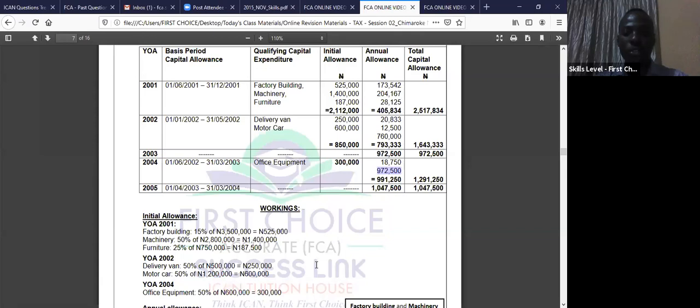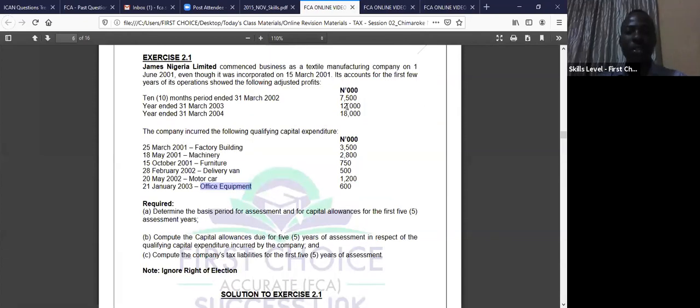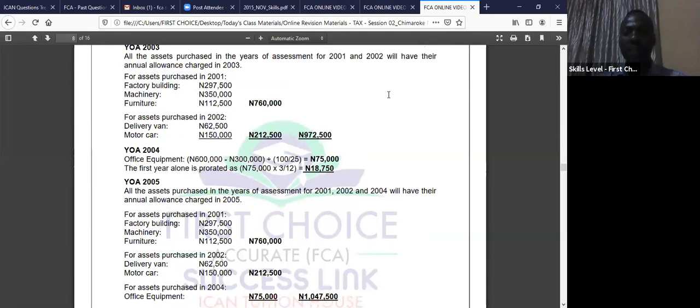And the third one is assessable profit. I will still keep my table of allowance open.